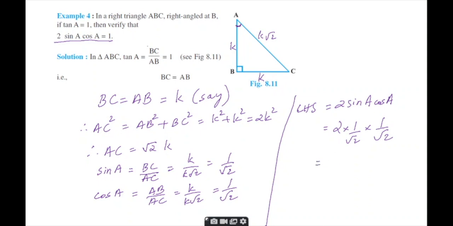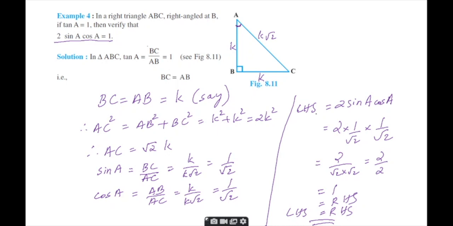So you get a numerator, when you multiply 2 into 1 into 1, that is 2, divided by root 2 into root 2, that is 2. So 2 by 2, we got a 1, which is RHS. So we got LHS is equal to RHS. That means proved.